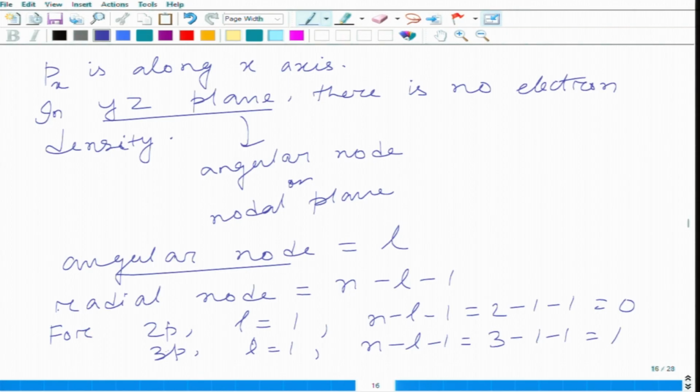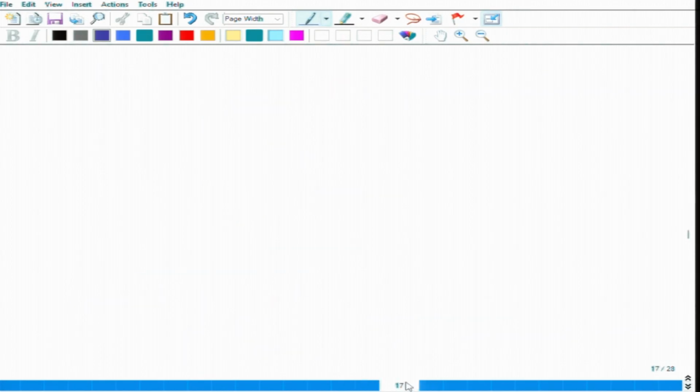So, we can write the total number of nodes as n minus L minus 1 plus L, that is n minus 1. So, total nodes remain as n minus 1.